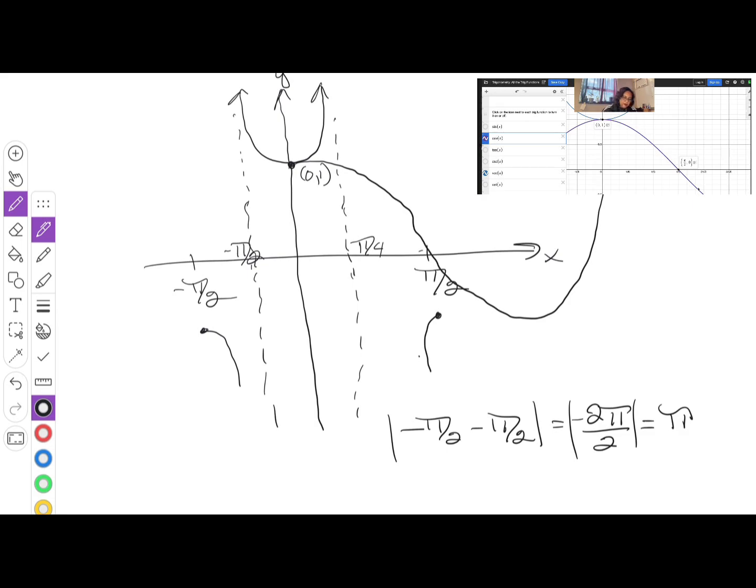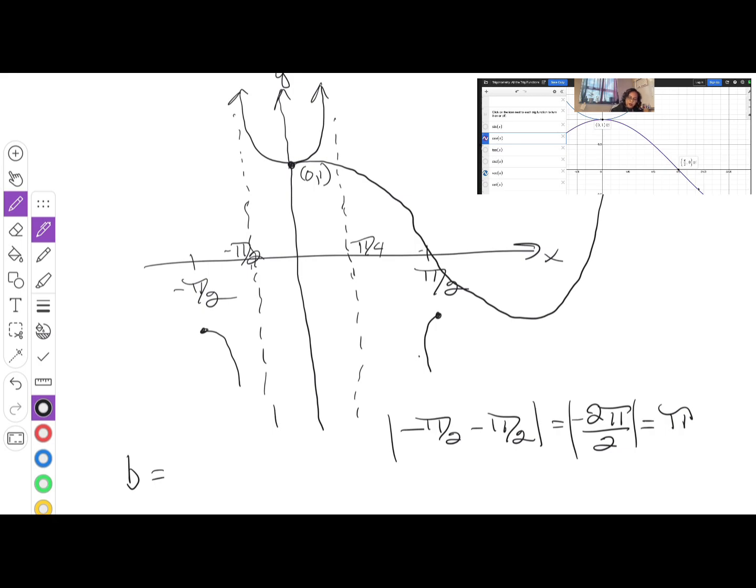And then you see these asymptotes. So we see that the period is from negative pi over 2 to pi over 2. The absolute value of that will be negative pi over 2 to pi over 2, which is pi.